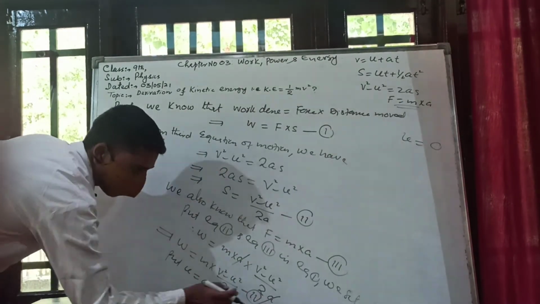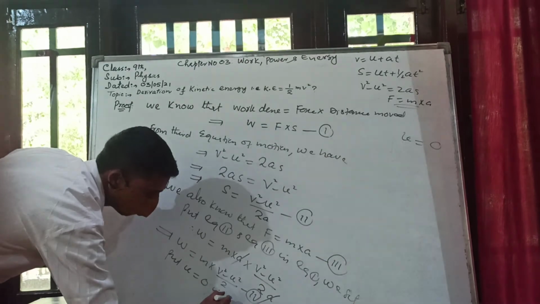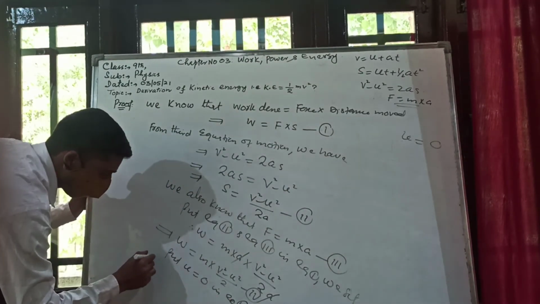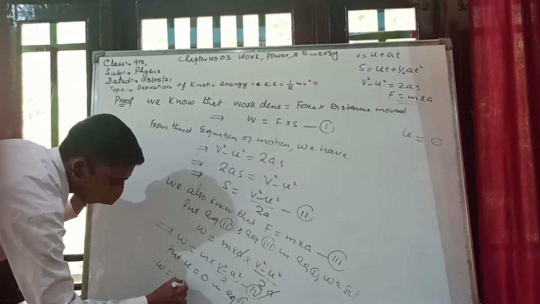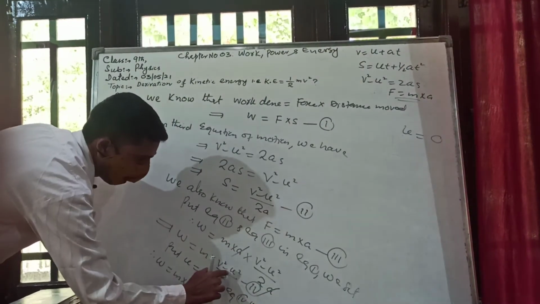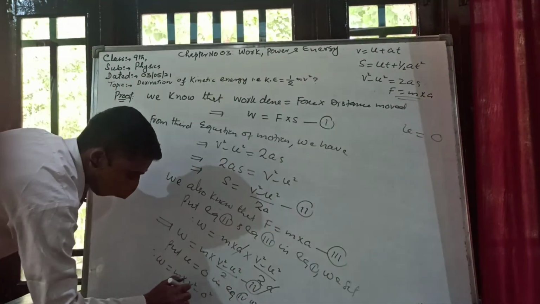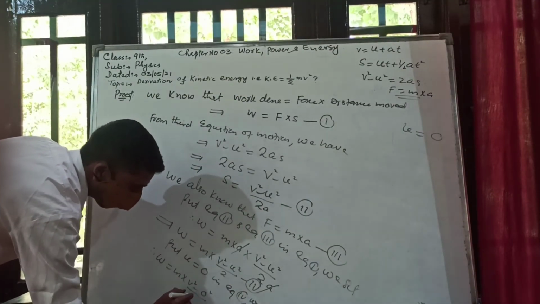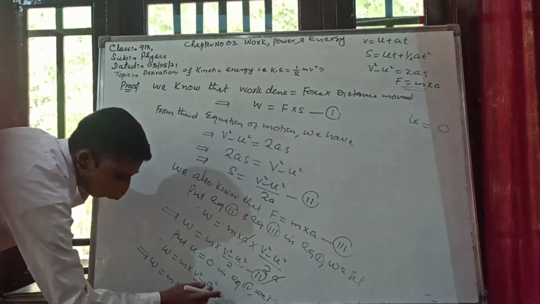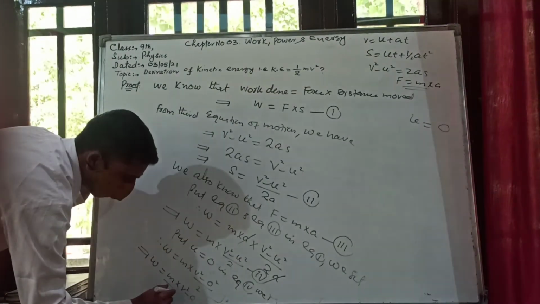We will name this equation 4. Therefore, W is equal to m into v square minus 0 square, because u is equal to 0, divided by 2. So W is equal to m into v square, 0 square is 0, divided by 2.